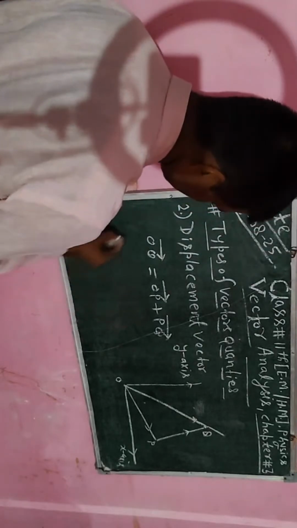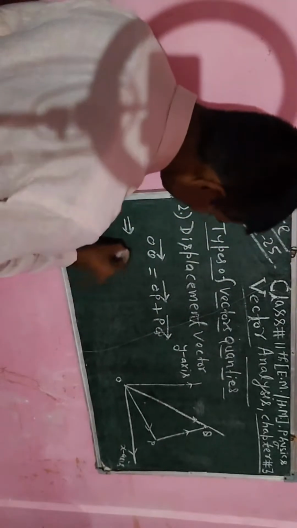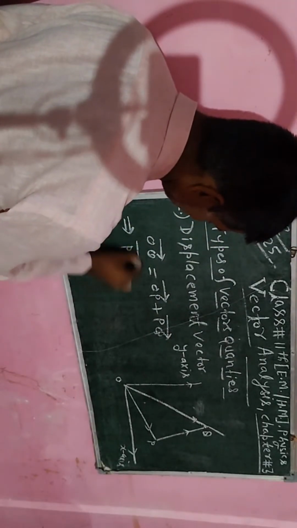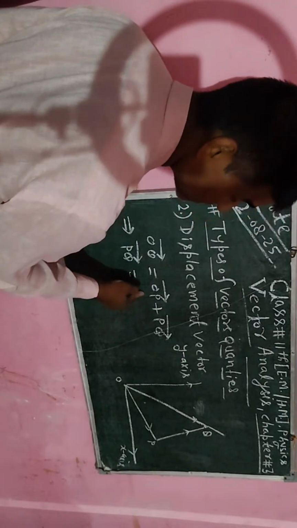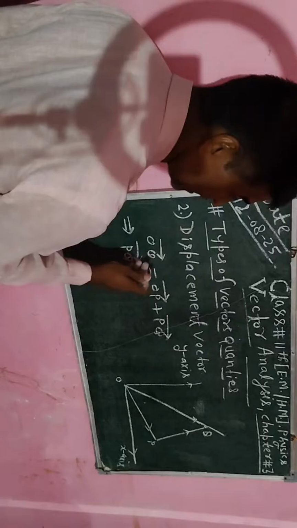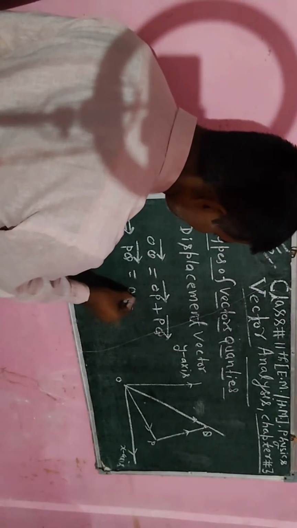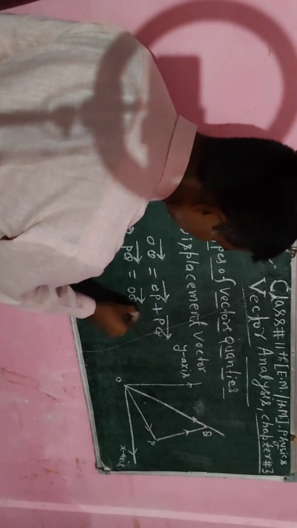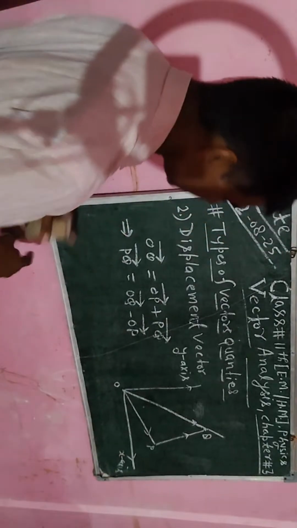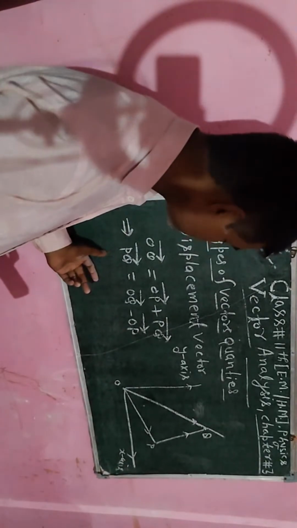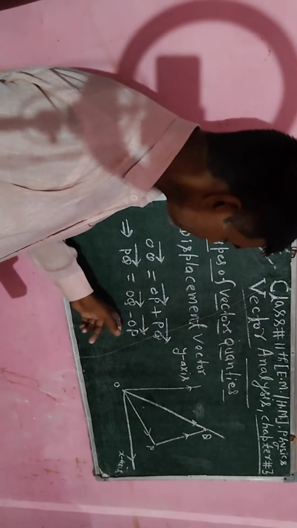So PQ vector will be equal to, here if any term goes from left to right or right to left, its sign will change. So here I can write OQ vector minus OP vector. So this is the information, and we have to write this information positively. Okay students, so PQ vector is equal to OQ vector minus OP vector.